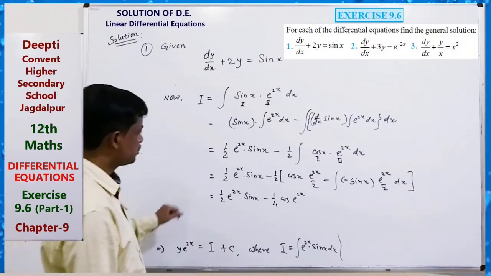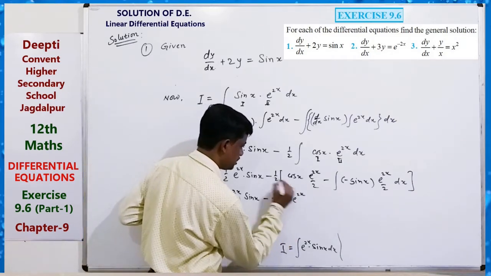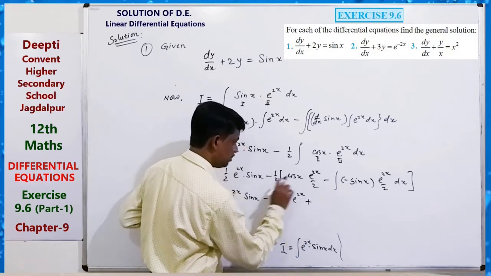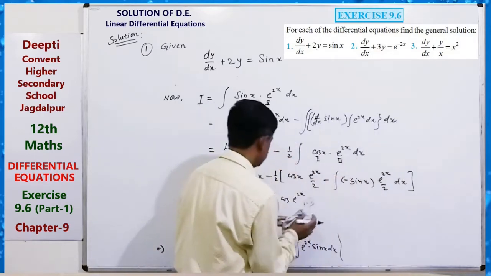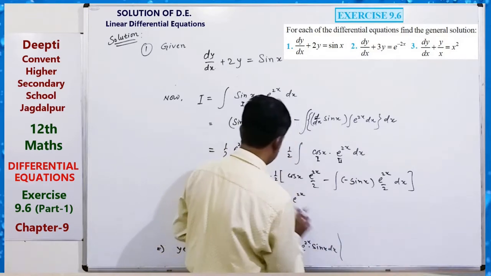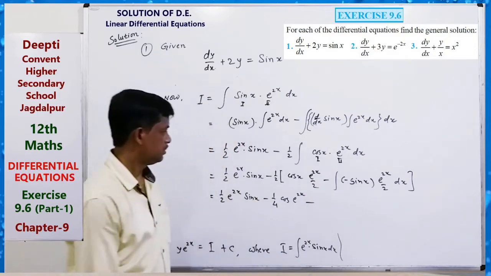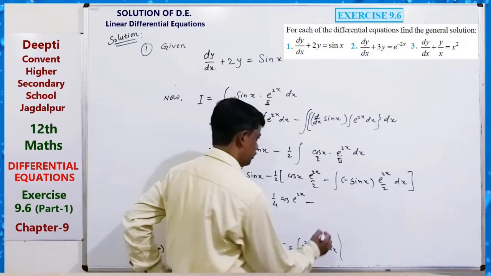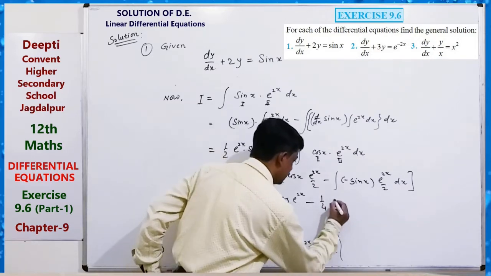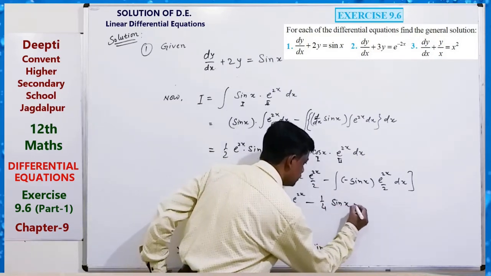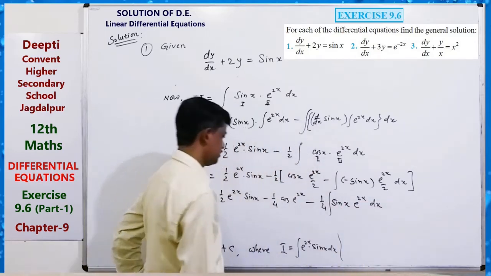So 1 by 4 cos x e to the power 2x, minus minus plus, and minus minus 1 by 4 sin x e to the power 2x dx integration.